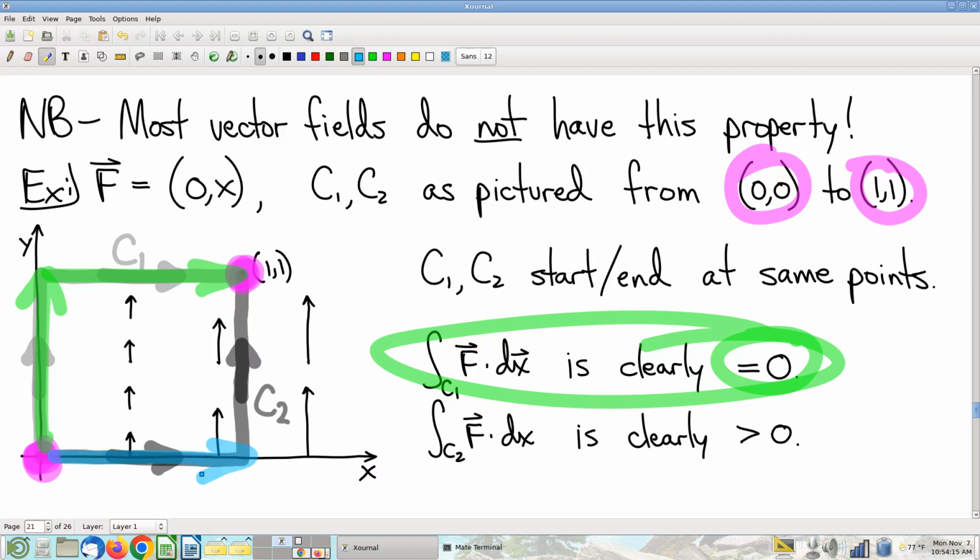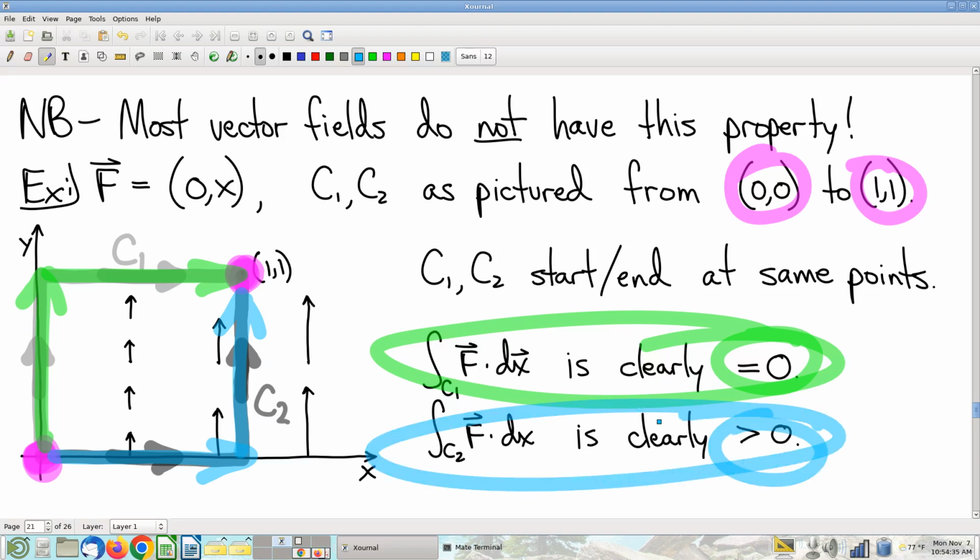The curve is going that way, the vector field is that way. That's perpendicular. There's no line integral along that bottom piece. But as you go up here, the curve is going up, the vector field is going up, the vector field is not 0. We've got a positive amount of line integral on that blue curve.